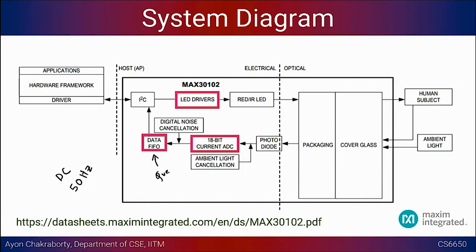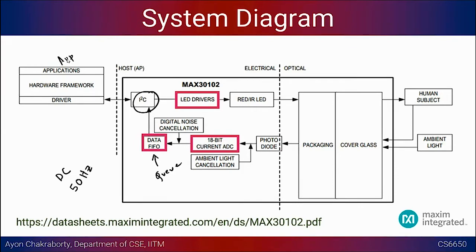This is a queue or a FIFO, where the ADC is going to push the data, and through the I2C bus, it is going to be pushed out to the microcontroller, where you write the application on top. This is how not only this sensor, but most of the other sensors in this category work.